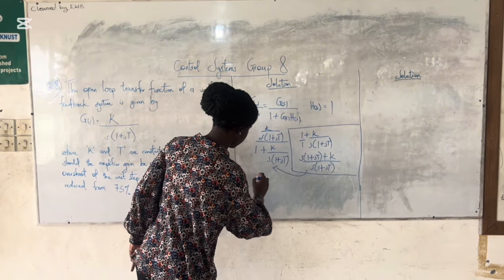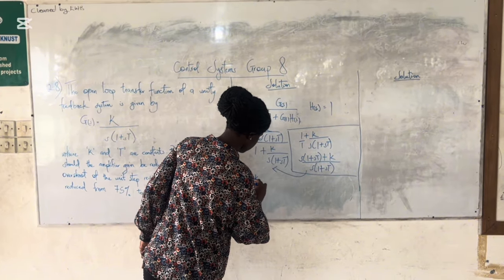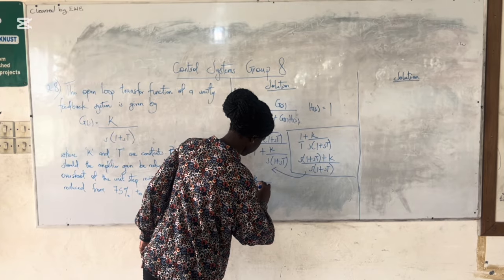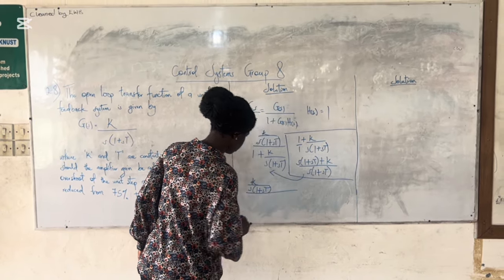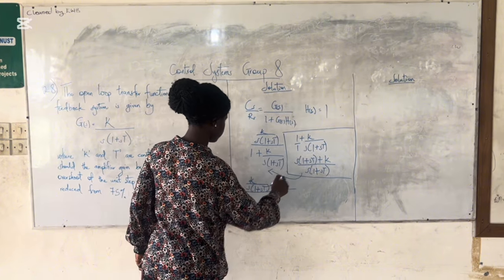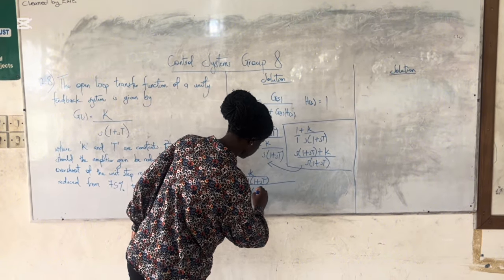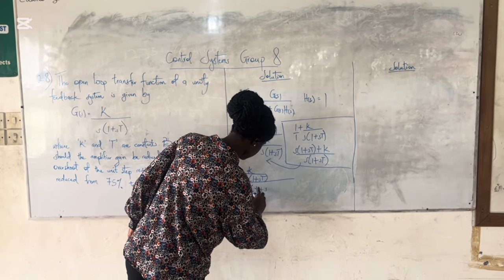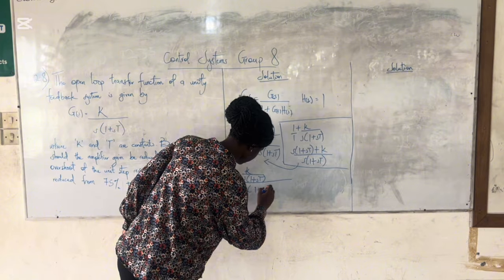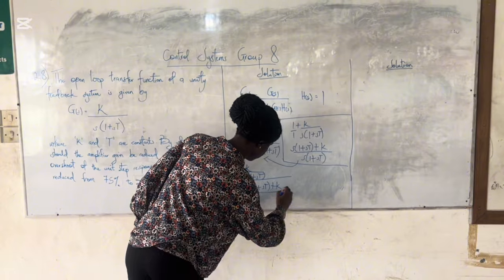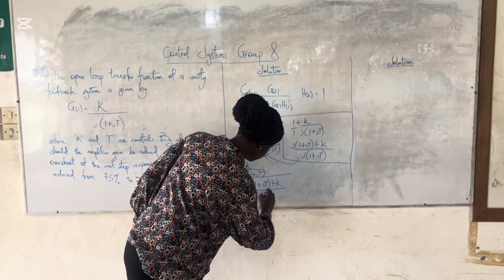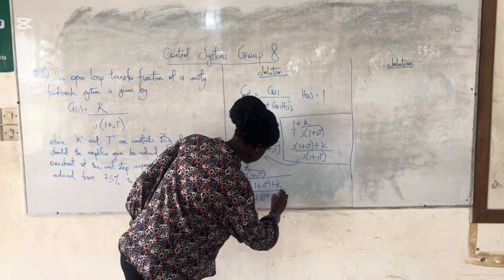So we'll have K all over S(1 + ST), all over S(1 + ST) plus K all over S(1 + ST).